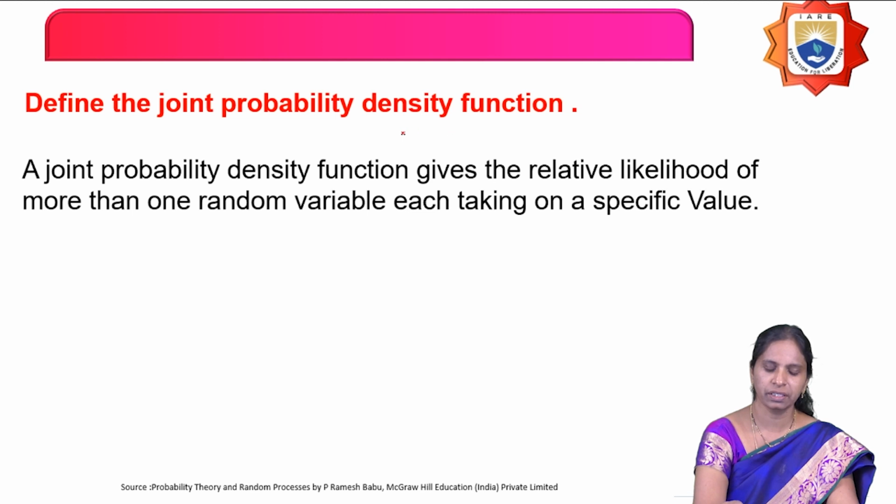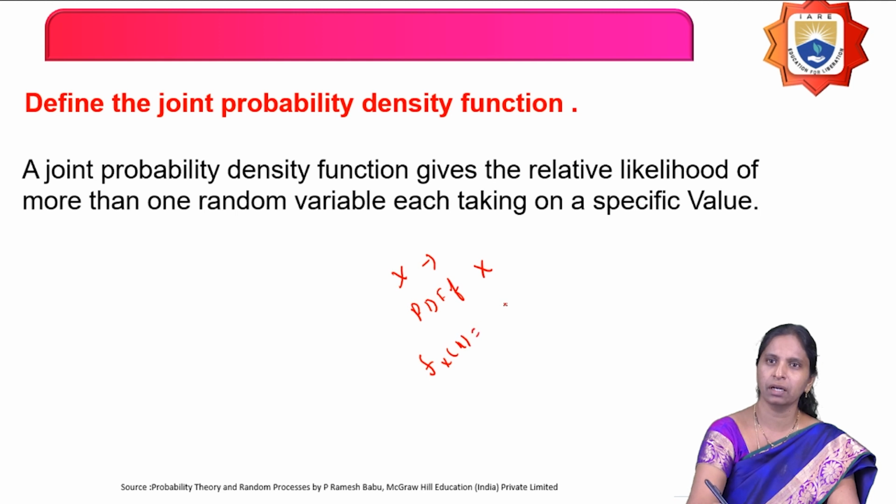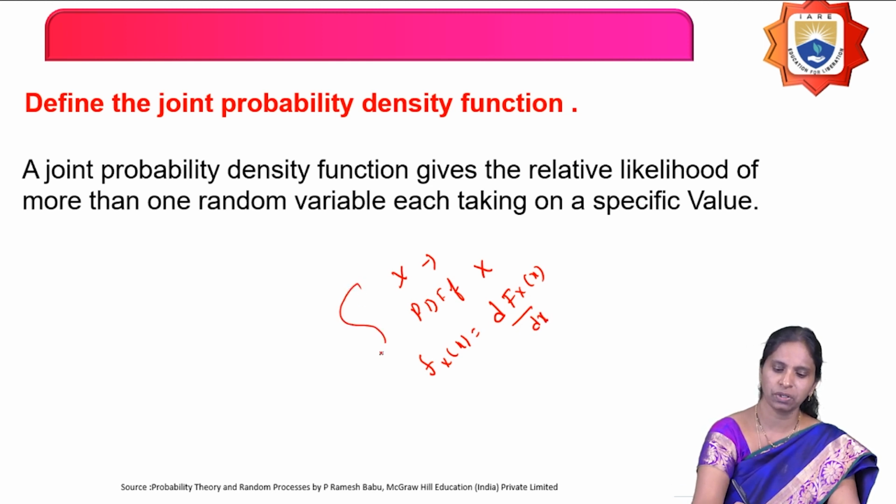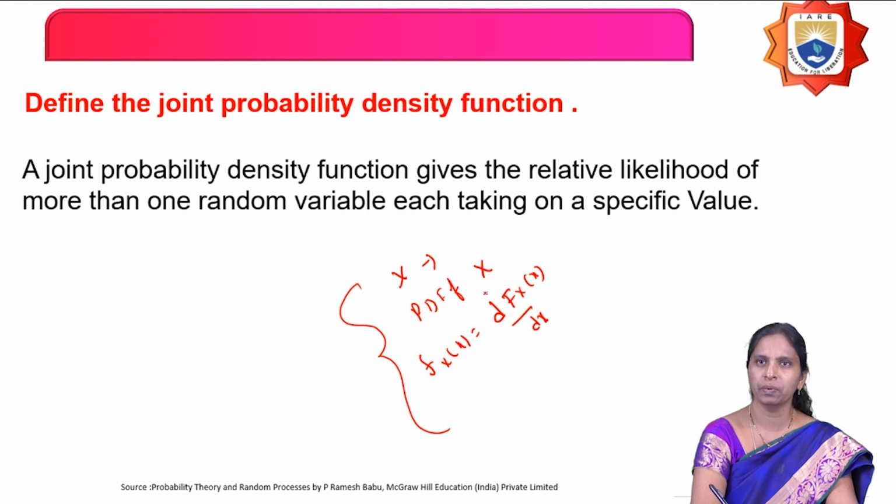Now what is the next one here? Define the joint probability density function. We have seen the probability density function for a single random variable X. It is f_X(x), the differentiation of the probability distribution function of the random variable X. This is the definition of the probability density function for a single random variable.